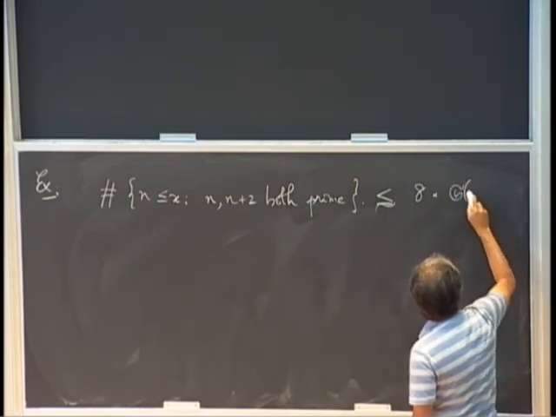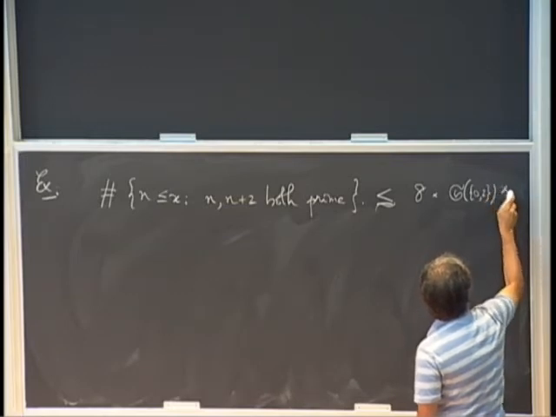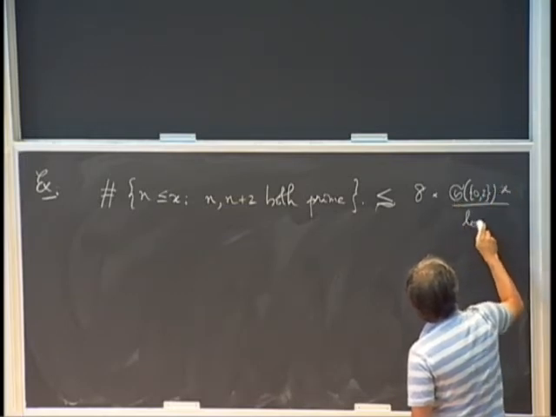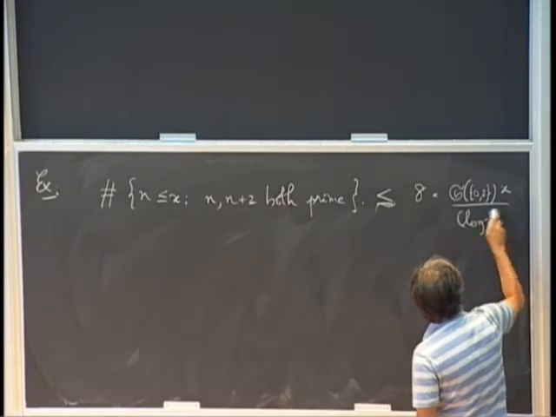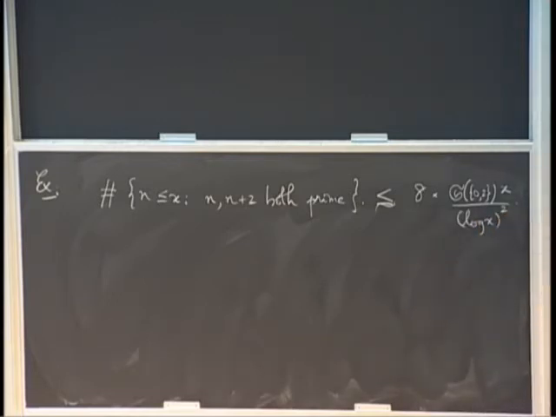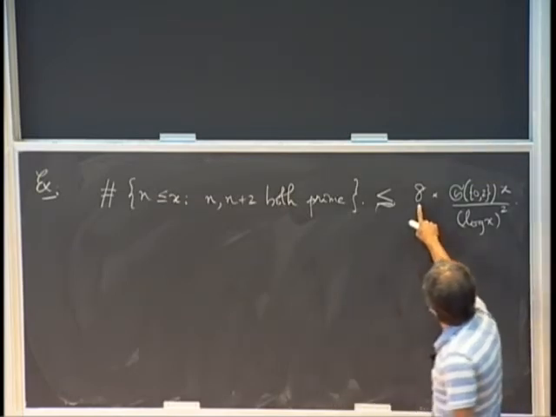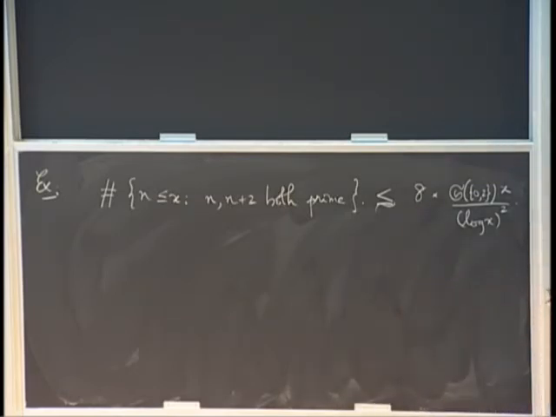So some constant sigma S0 of 2 times x over log x squared. So if for counting primes we were off by a factor of 2, for counting, say, twin primes, we are off in a simple version of Selberg sieve by this factor of 8.